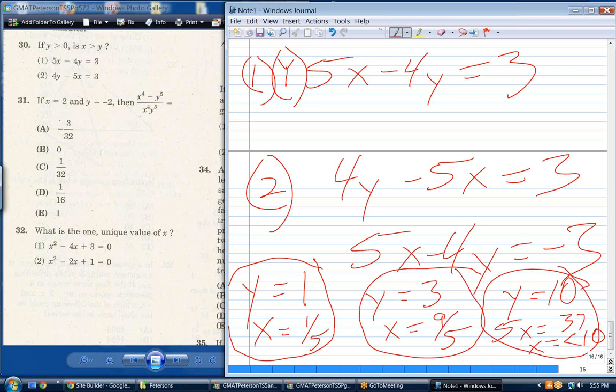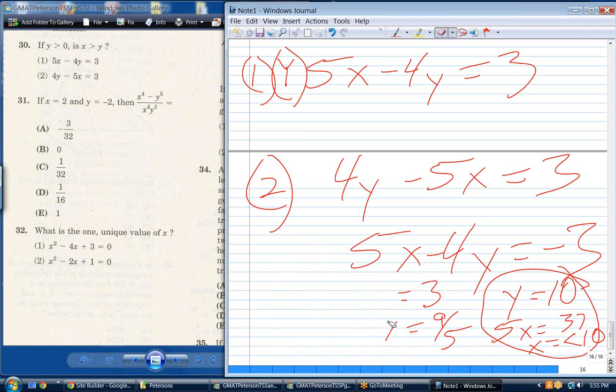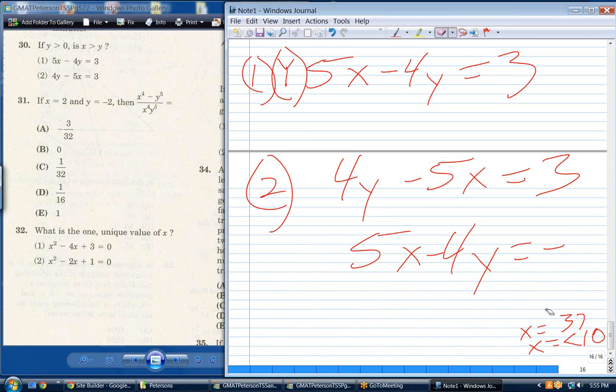The only other number I might want to try to verify would be a number less than 1, like 1/10. Let's just try that. So we have 5x equals minus 3 plus 0.4.